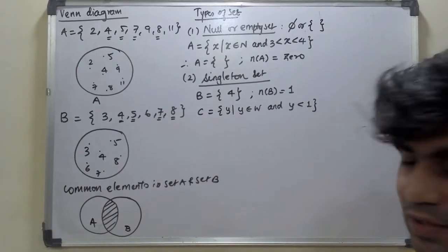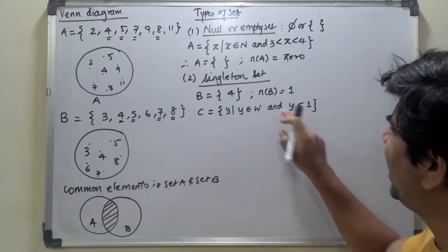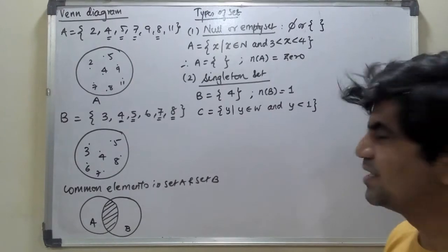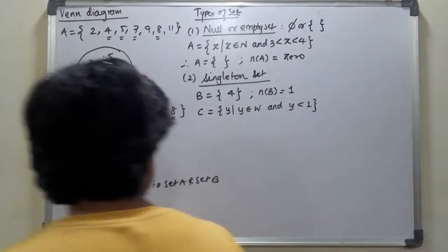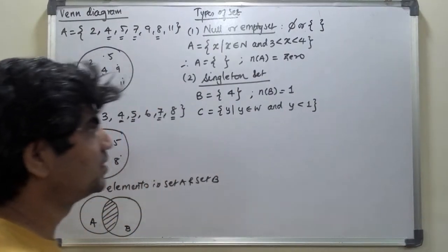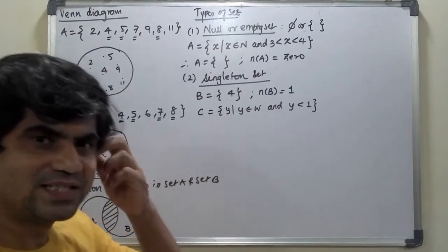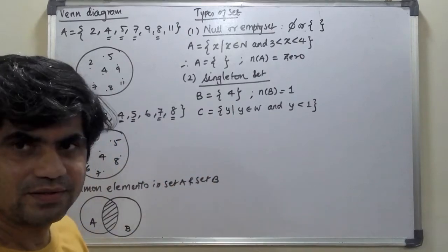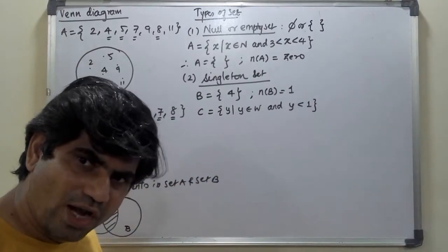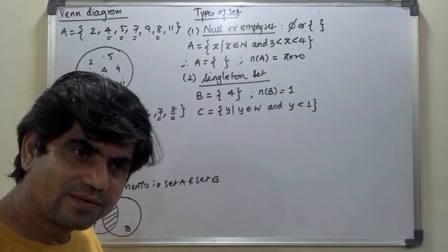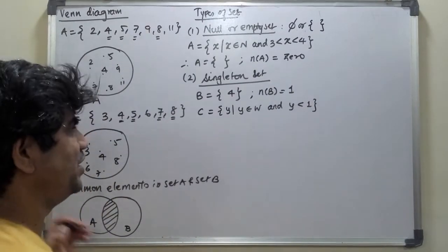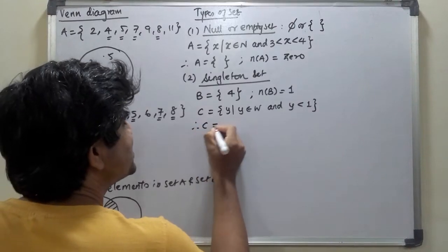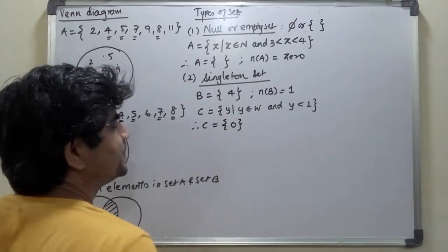Y belongs to what? Whole number. And y is less than 1, right? Okay, if it belongs to whole number and y is less than 1, so which is the whole number which is less than 1? Is there any? Yes, it is, and that is 0. So therefore C is 0.